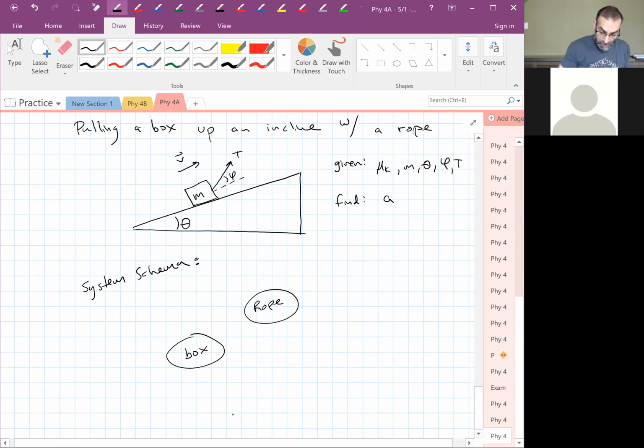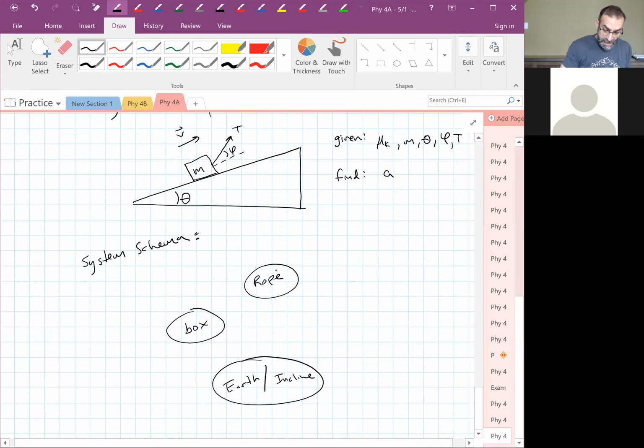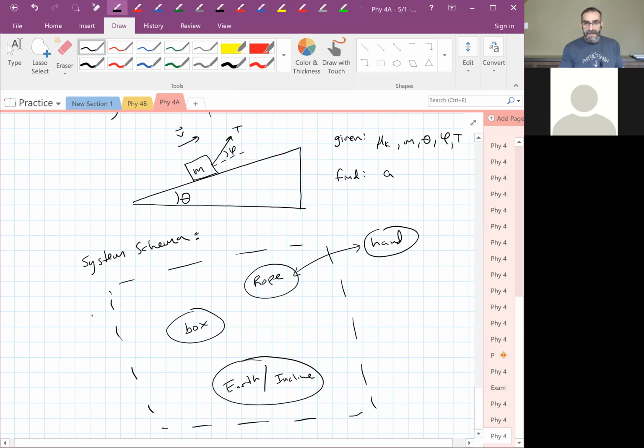And the earth incline. And so because there's only really one end of the rope here, I'll show you how I deal with that. Something is reaching in and grabbing that rope, right? Maybe there's a hand or something. You.